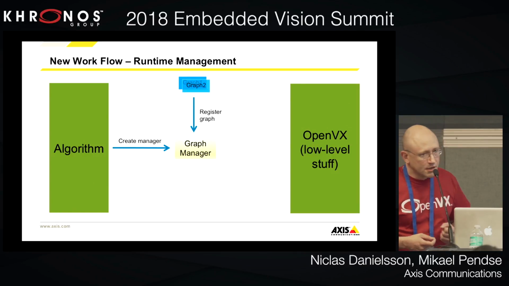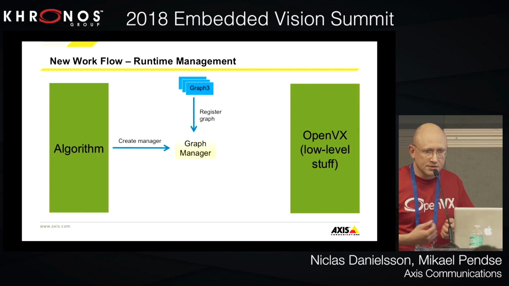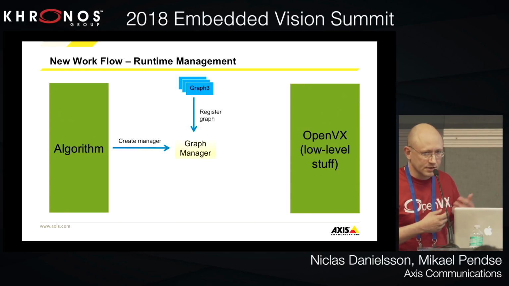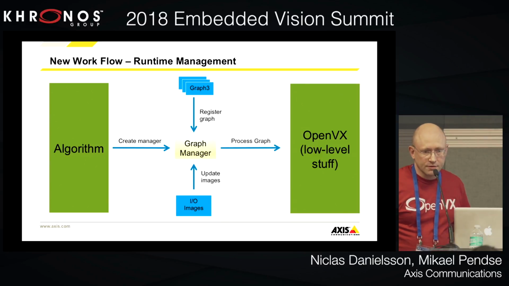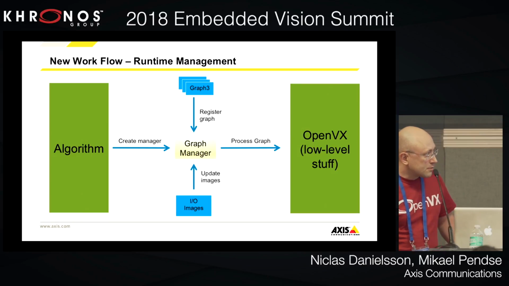You can actually register several graphs because this manager can handle switching between the graphs. When you register it, it also pre-verifies the graph, so you can have several graphs that are all pre-verified, so that you can quickly run them. And then for each iteration, you also set your input and output images, and then you can just process the graph. So it's all quite high level in this way, but it's enough to do quite general things.